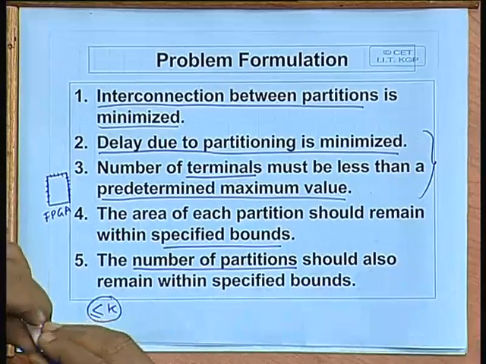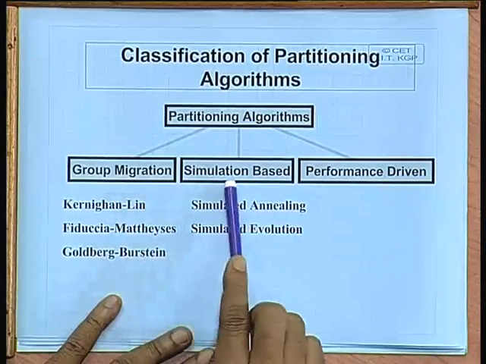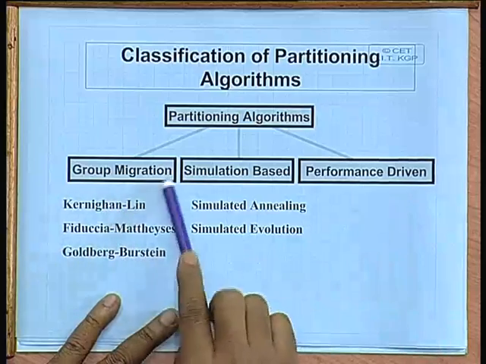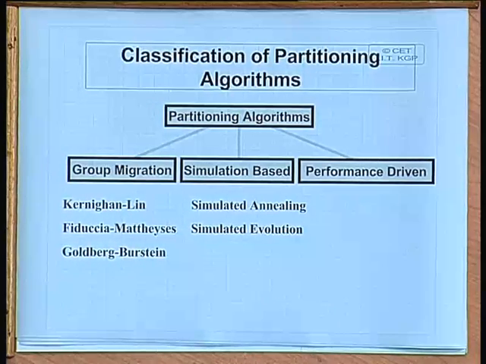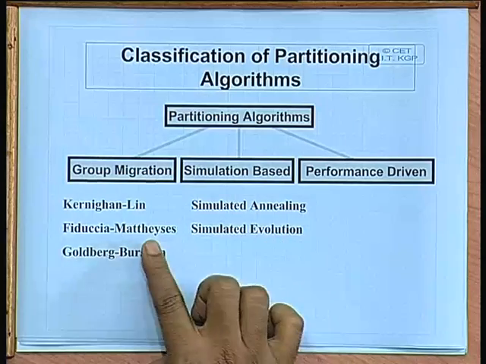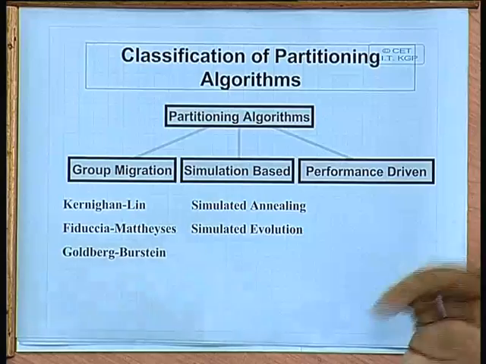Okay, fine. Now broadly speaking, the algorithms that have been proposed for partitioning can be classified into three categories: group migration, simulation based and performance driven. Group migration means you already have some groups or partitions defined. Migration means some nodes are moving across the partitions.